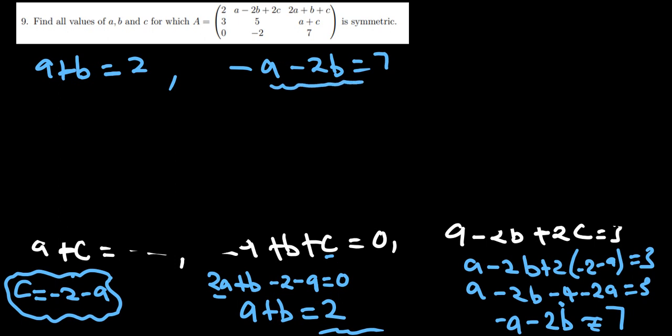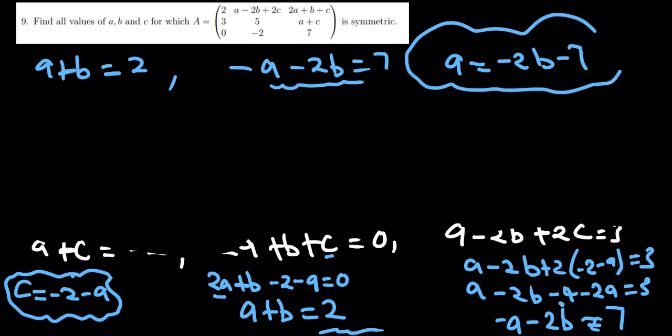It's going to be a is equal to minus 2b minus 7. So wherever there's a, we are going to put this expression. So where there's a here, I'm going to write minus 2b minus 7, plus b is equal to 2.